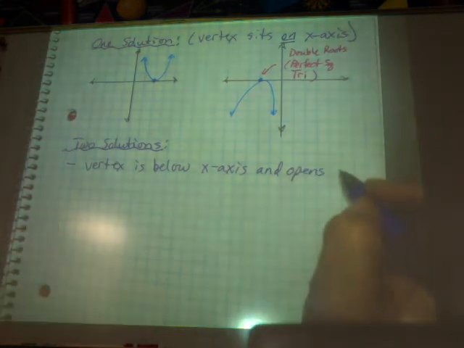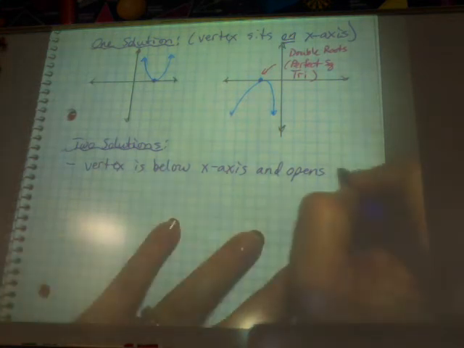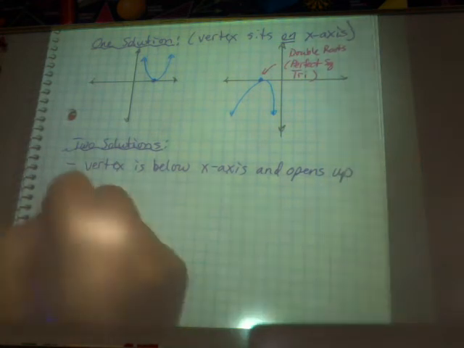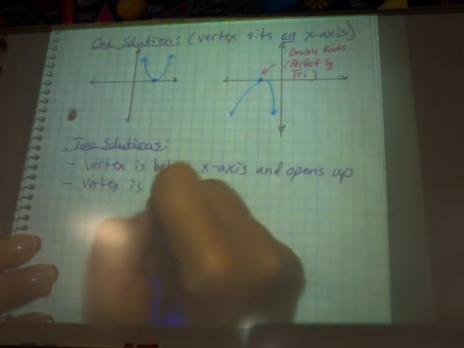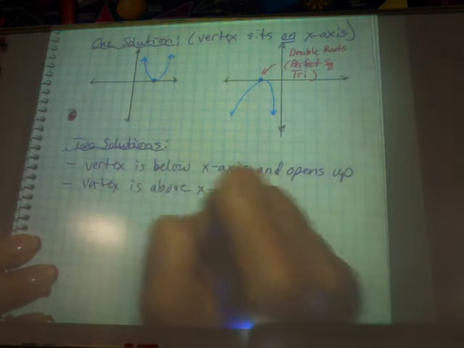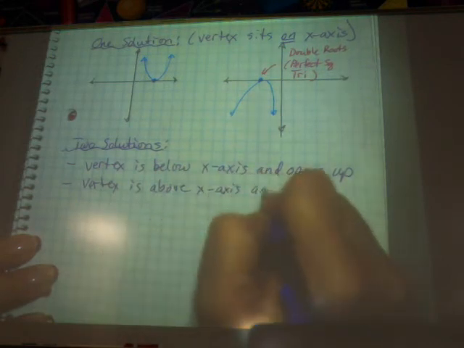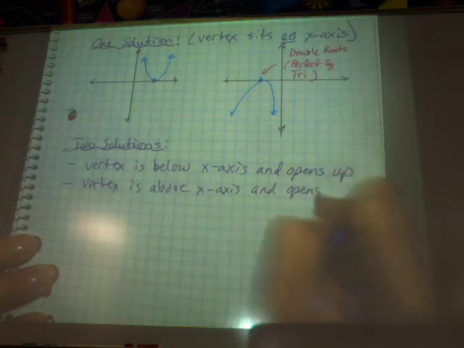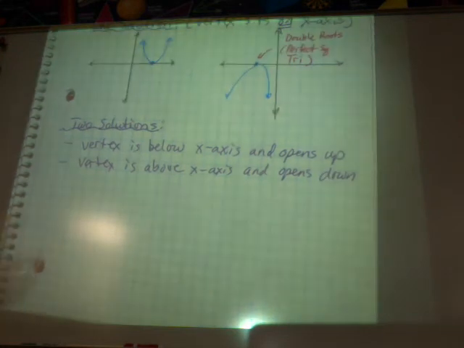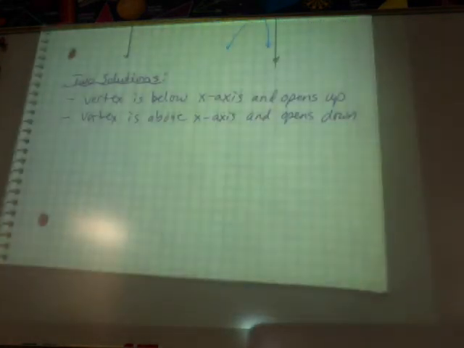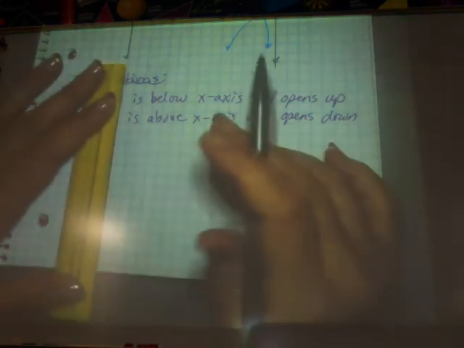Vertex is below the x-axis, the parabola would have to open either up or down for two solutions. Which one? Up. Or your vertex is above the x-axis and the parabola opens down. So those are your two situations for two solutions. So we're going to draw what they look like. So draw two more small coordinate grids.